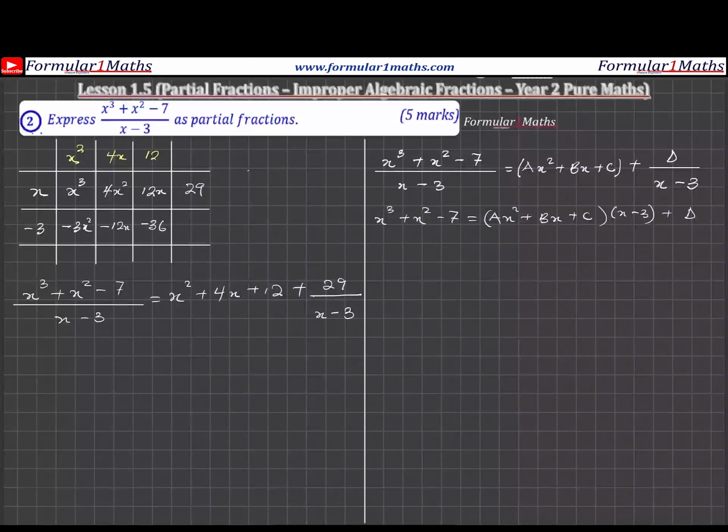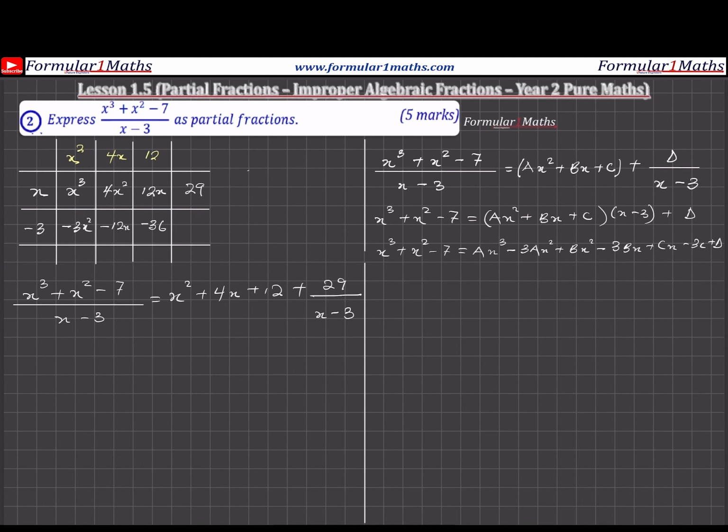So now I can expand the right-hand side, and I'm going to get x cubed plus x squared minus 7 equal to ax cubed minus 3ax squared plus bx squared minus 3bx plus cx minus 3c plus d.